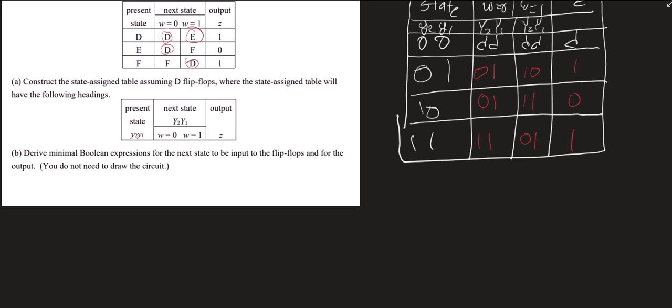So we have to come up with expressions for Y2, Y1, and Z. Okay, so I'll start with Y2. And my inputs are Y2, Y1, and W.